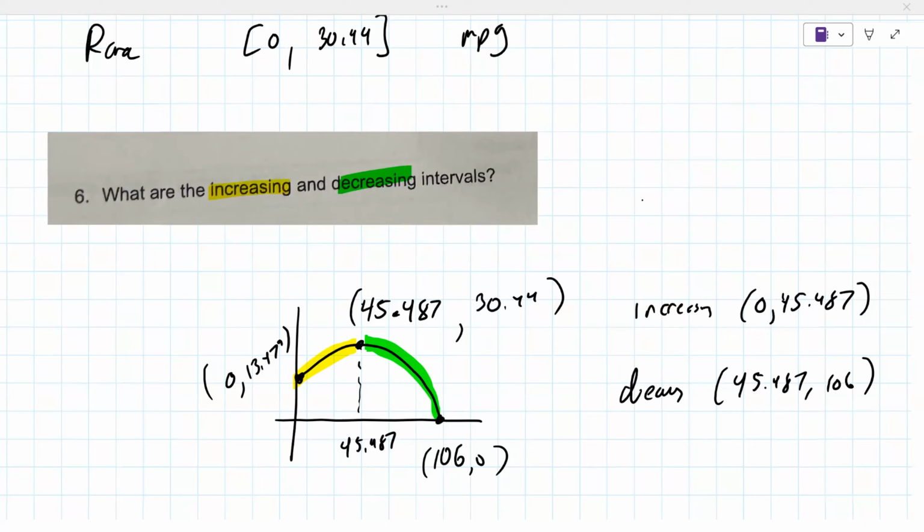Okay, I'm good. All right, so the next question here I see is another graphing one.